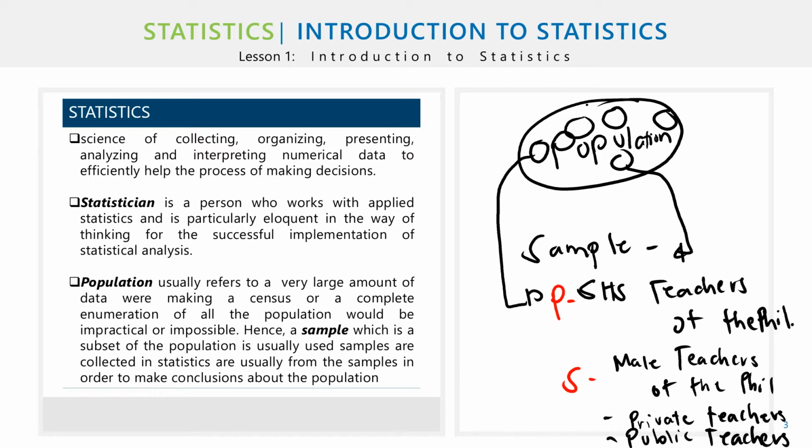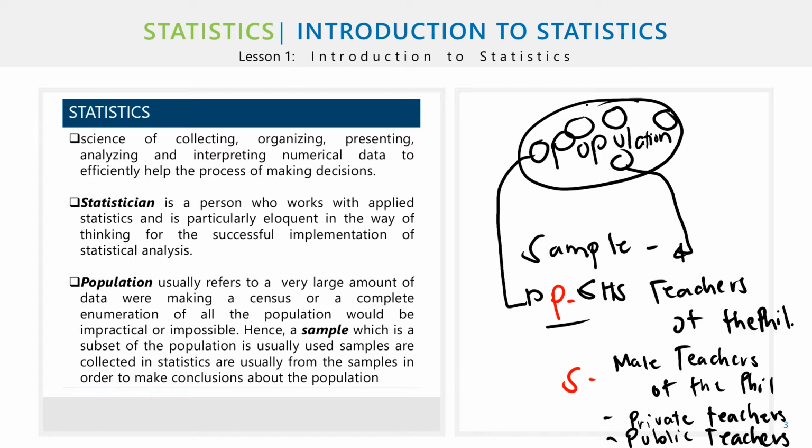Which means, itong si population, ito yung as in pinakamalaki. Okay? That is a very large amount of data. And from population, kukuha lang tayo ng mga chunk niya. Okay? Hindi natin lalahatin. Yung ilan lang doon sa mga chunk niya. For example, ang gusto ko lang i-population is just the private teachers of the Philippines. Diba?